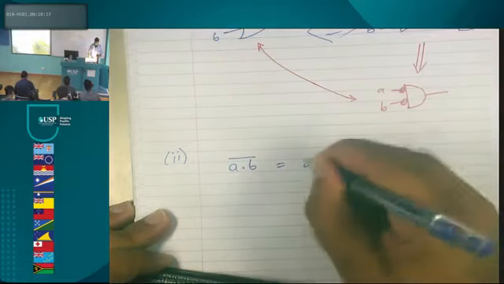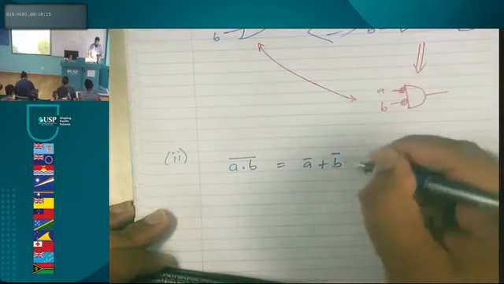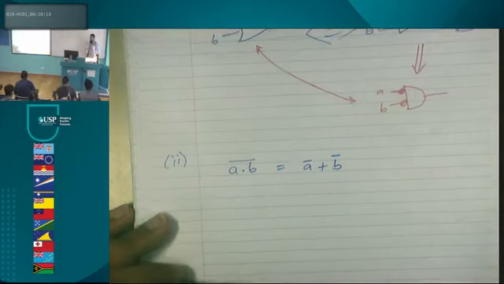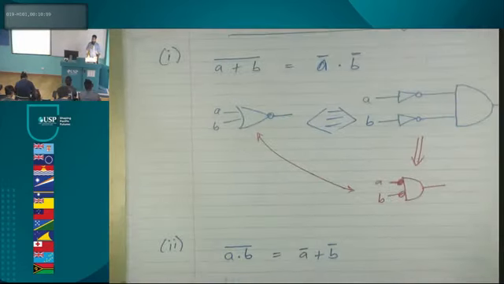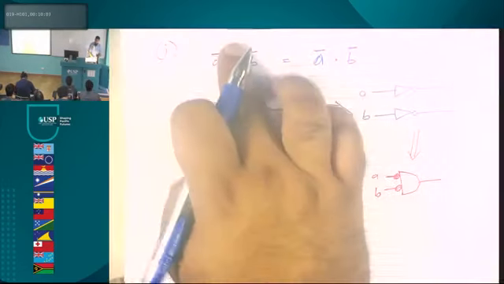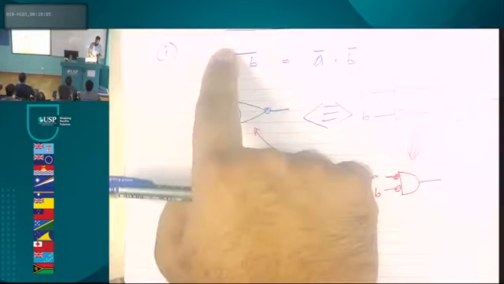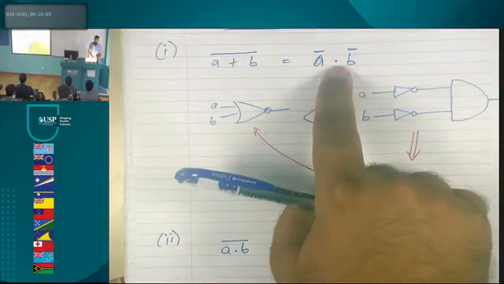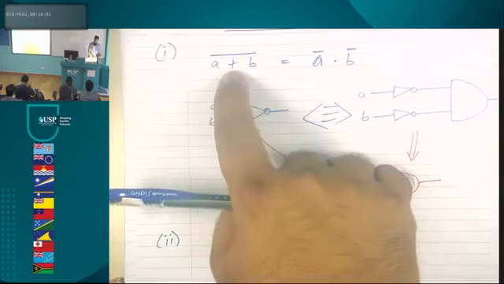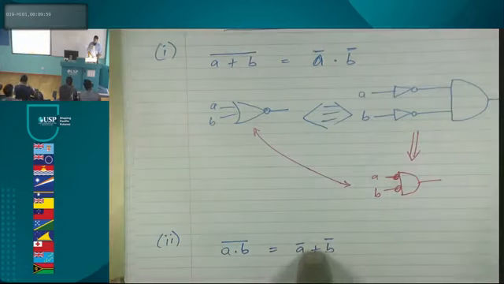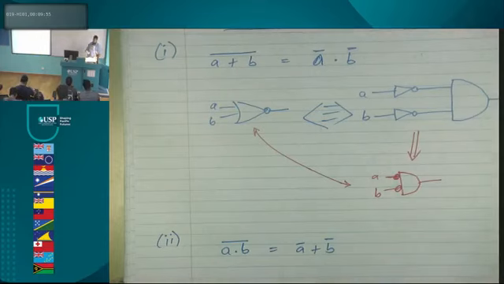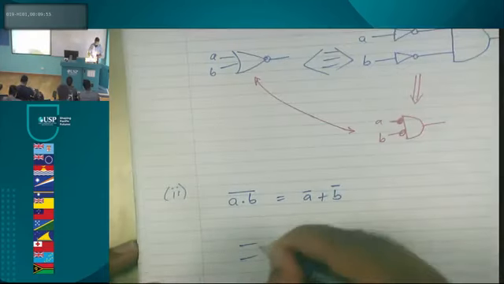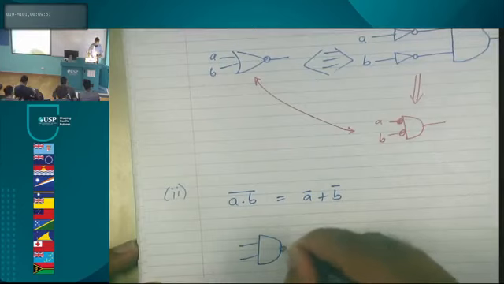Well, the way to remember this is, you break the bar and you change the sign. Always say that to yourself. You break the bar and you change the sign. Can you see? I've broken the bar and I've changed the sign. Break the bar, change the sign. So that's your NAND gate.